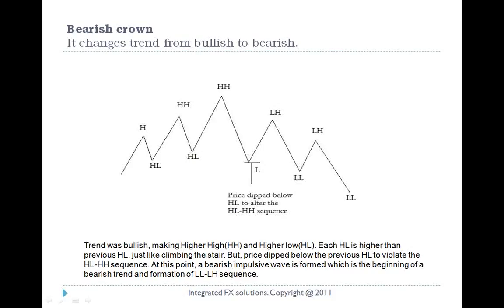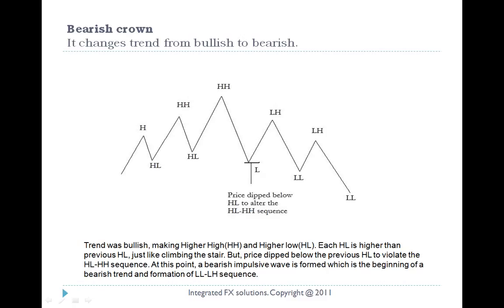That means in a bullish trend, price is making a high, higher low, higher high, higher low, higher high. That means that the previous higher low must be lower than the new higher low. So as price is making higher low and higher high, we are in a bullish trend.